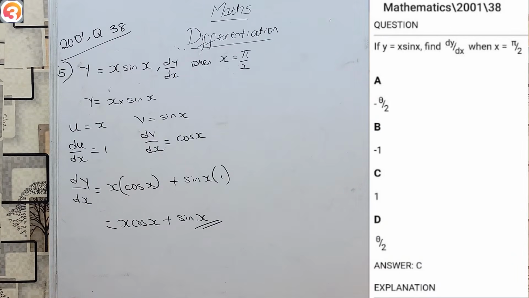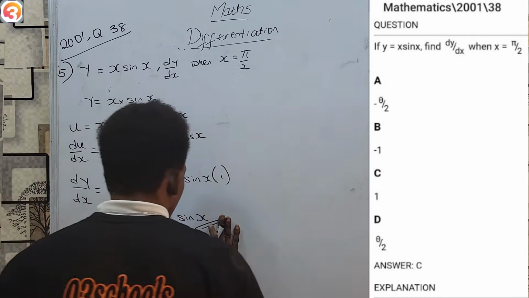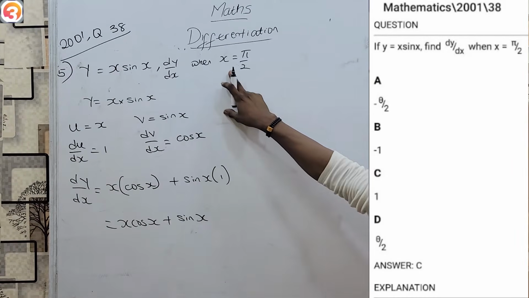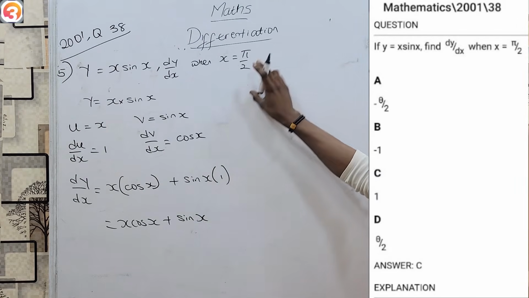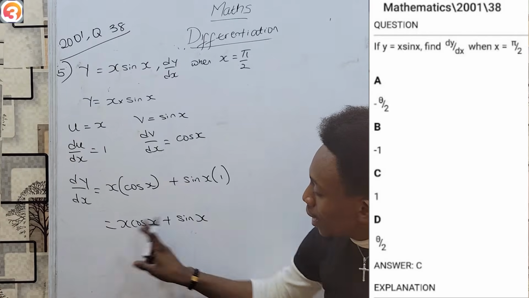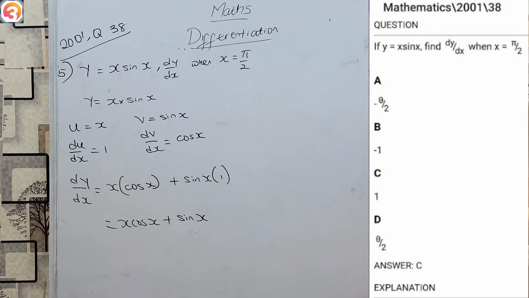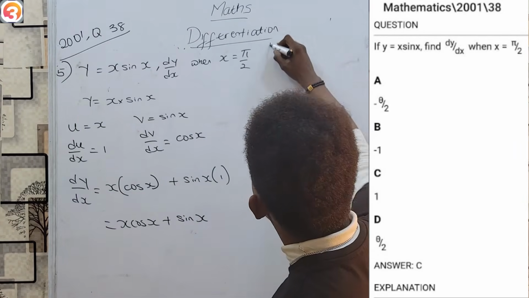And when I check my options, this is not there. Why is that? Because we're not really done. We forgot this other part: when x equals pi over 2. That means I'm going to replace x anywhere I see it with pi over 2.